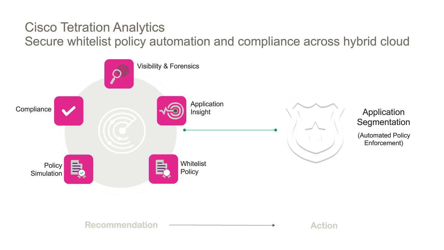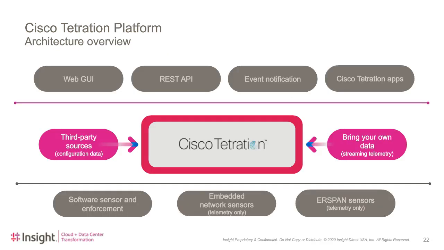And of course, ERSPAN, that allows you to monitor actual traffic traversing your network, and you have NetFlow capabilities. So streaming telemetry and bringing in configuration data as well as integrating with any of the hypervisors and load balancers to give that holistic view of your network is what gives Tetration that benefit.